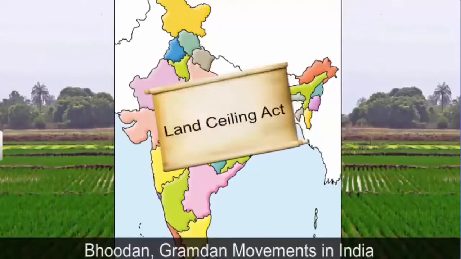While most landlords participated in the Bhudan and Gram Dan movements in good faith, some of them were forced to donate their surplus land when the government imposed the Land Ceiling Act. Under this act, no individual or family could own more than a certain quantum of land.